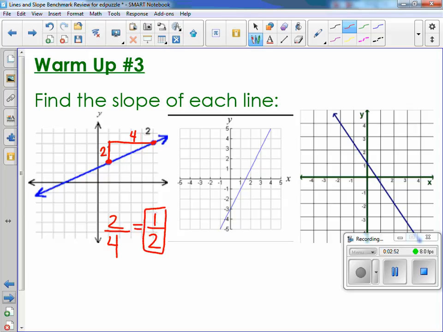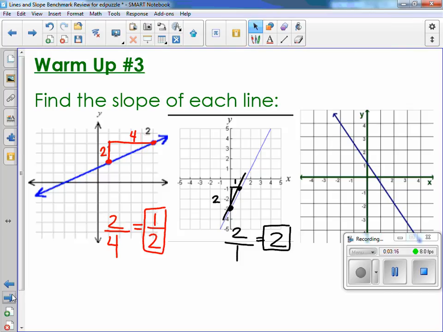And double check, it's going uphill, so it's a positive slope. This one, I see a good point right down here, and I see another one right there. So my rise is 2, my run is 1. So my slope is rise of 2 over my run of 1, 2 over 1, or you could just leave it as 2, and then double check, it's going uphill, so it's positive.